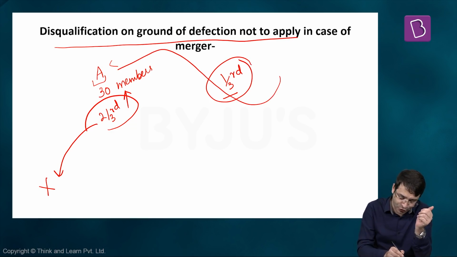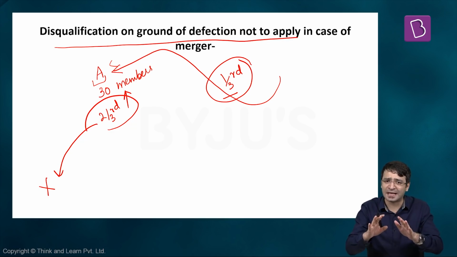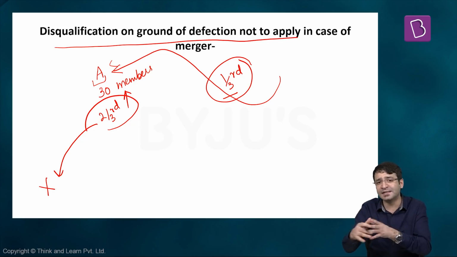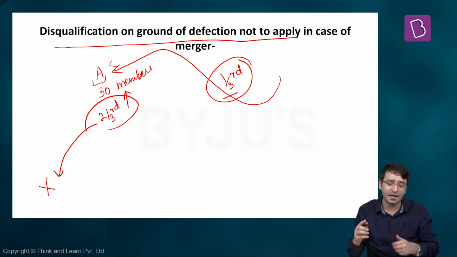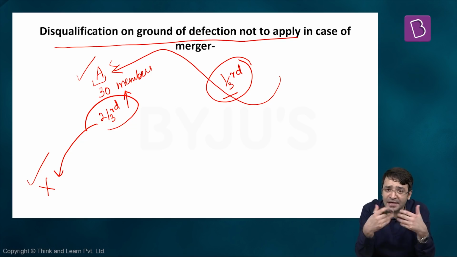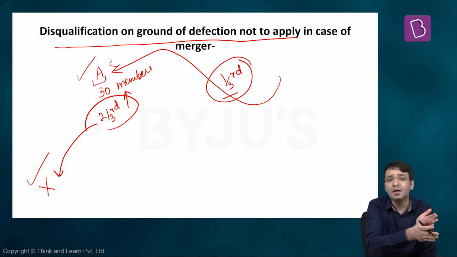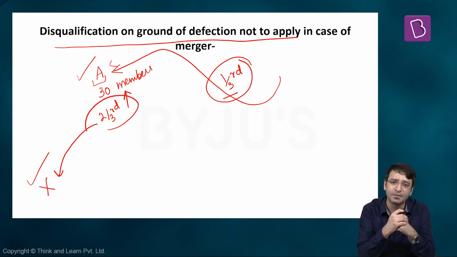They may continue to be members of the political party A, or they may decide that we will continue as a separate political group, as a separate political entity, neither part of A nor part of X. That means anti-defection law will not apply in case there is a merger, in case there is a 2/3 merger of a political party with another political party.